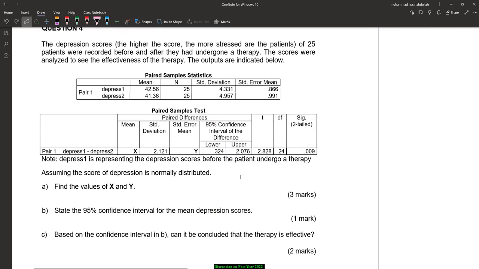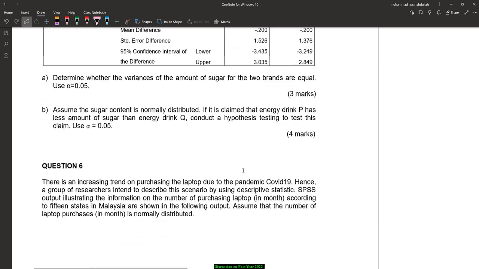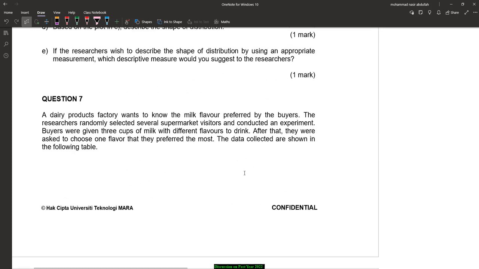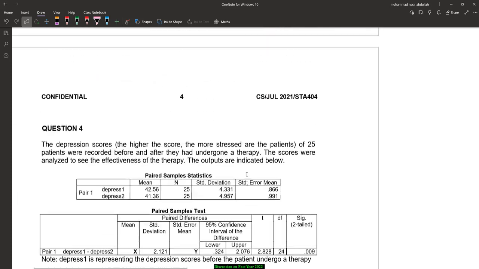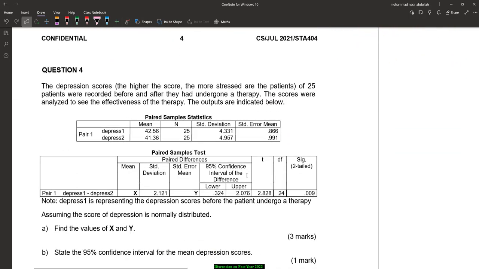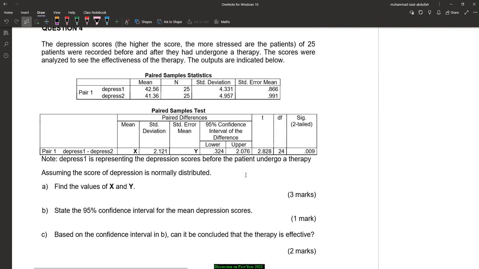So now let's look at question number 4. We have 7 questions, right? Question number 6. Just a few, not many. Okay. So if we have time we finish 2019 as well. Alright.